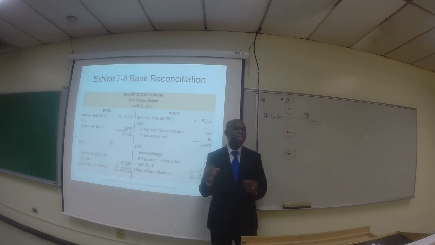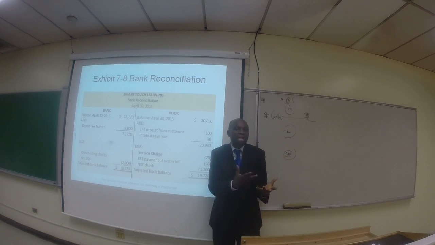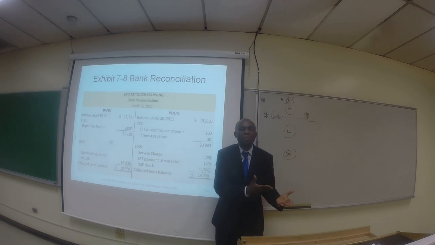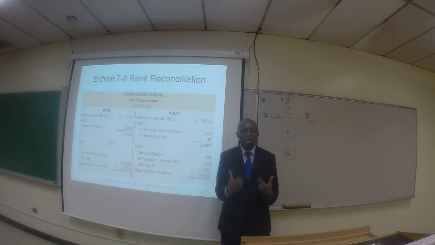Those transactions that we have already recorded, even though they are reconciling items for bank reconciliation purposes, we are not going to record them again in our accounting books, the journal, the ledger. The only reconciling items that we need to zero in on and record in our official accounting books are those transactions that we have not recorded.